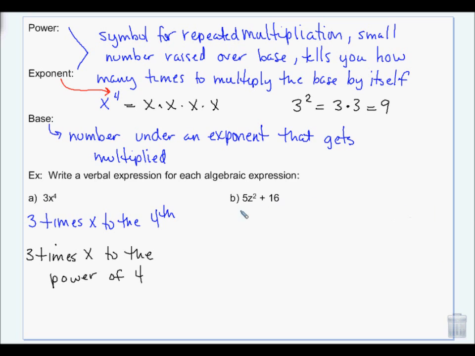Here I can say 16 more than, that's another way to say addition, 5 times z squared.